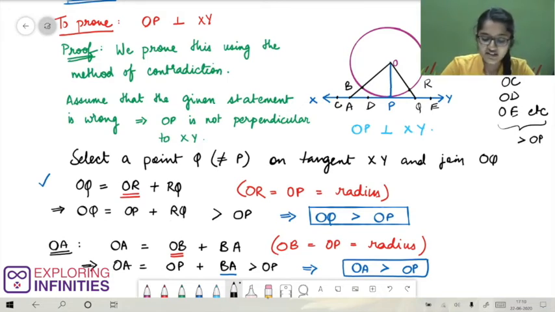So when we consider any point on tangent XY which is not the same point as P, the distance obtained on joining the center of our circle to this point will always be greater than radius OP. So we can conclude that the shortest distance from the center of our circle O to the tangent XY is equal to OP, that is, the length of the radius.